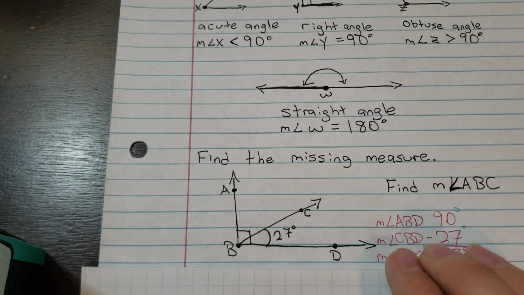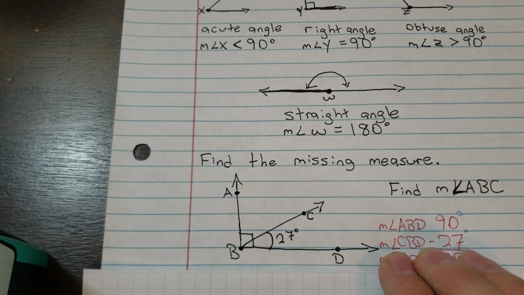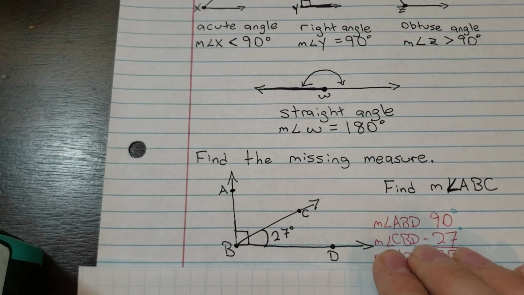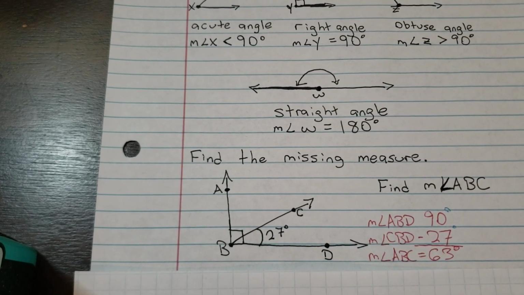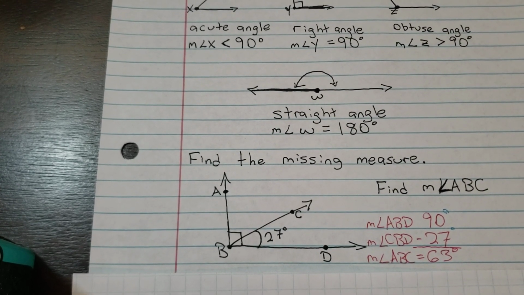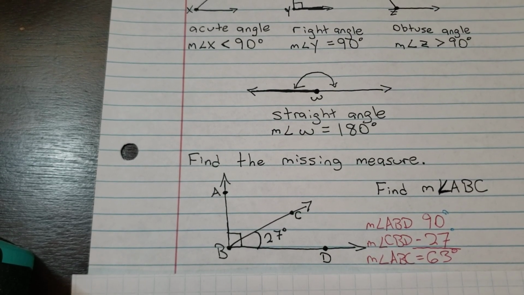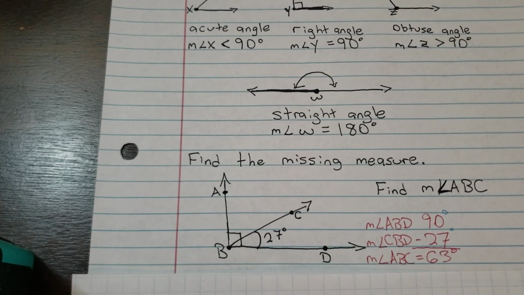We see that the measure of angle CBD is 27. Well, we could find the difference to find ABC. That is 63 degrees. Just simple subtraction. I know my definitions. I know the angles based on those definitions, and therefore I can conclude the total angle. Okay.